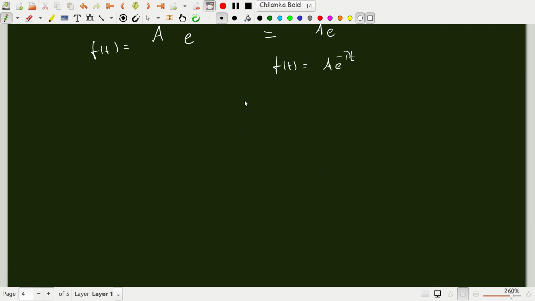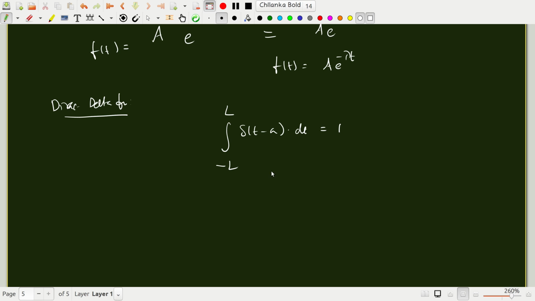Okay, so now what I will do next is to explain a couple of concepts using what is called the Dirac delta function. The Dirac delta function is defined such that the integral from, let's say, minus L to plus L of delta of t minus a dt is 1.